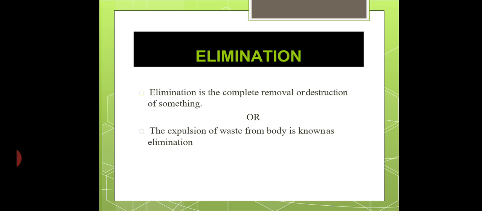Elimination is a complete removal or destruction of something, or the expulsion of waste from the body. It means the waste product in our body, produced by food or by digestion, is excreted from the body through certain body parts. That is called elimination.